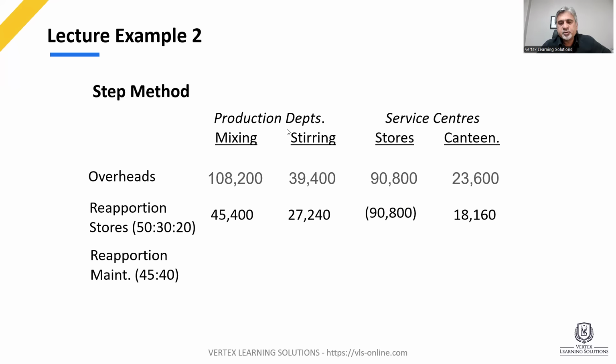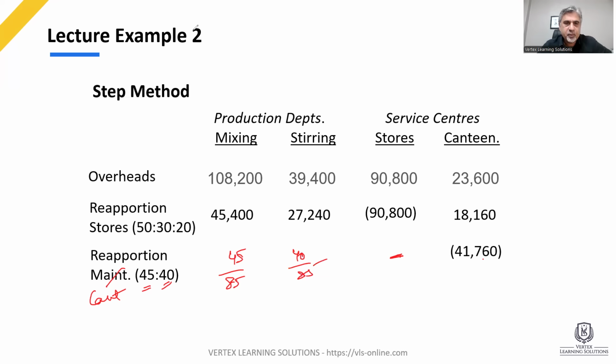Let's see this one. So we say that reapportionment of canteen cost should be done based on 45-40. So this 41,760, nothing comes here. 45 by 85 should come here, and 40 by 85 should go there.